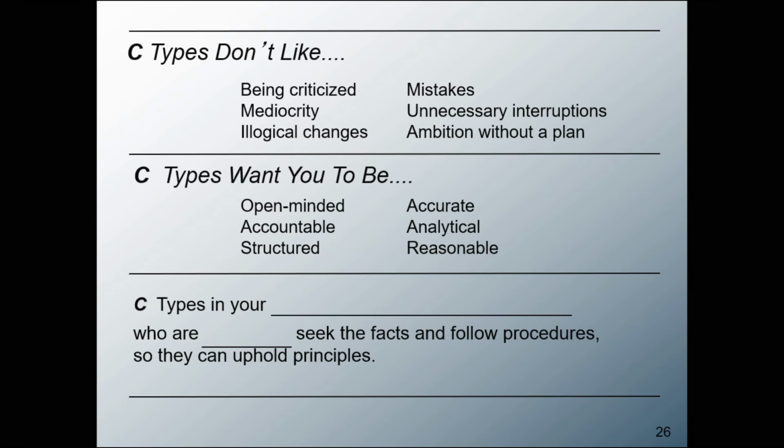It will make sense to them. So C-type personalities in your organization are really cautious, seek the facts and follow procedures so they can uphold principles. So they like to do things the right way, in an excellent way. They look at details. It has to make sense for them.